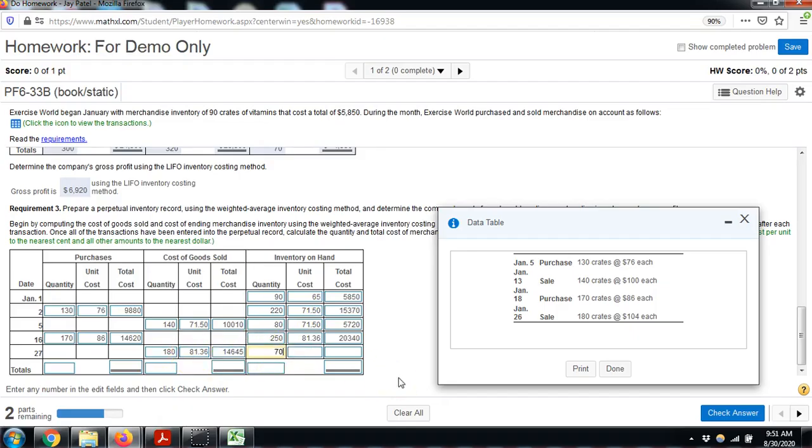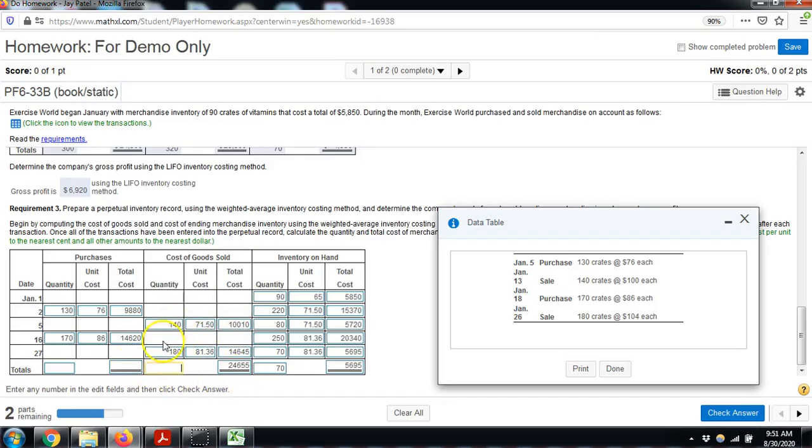And what do we have left over? 70 units. This plus this equals this.